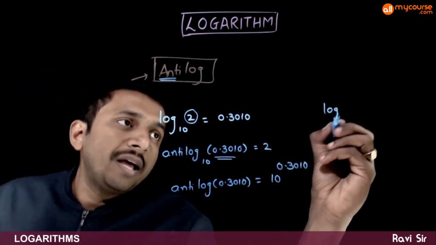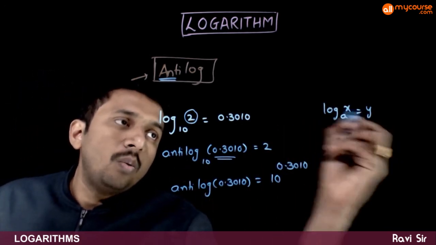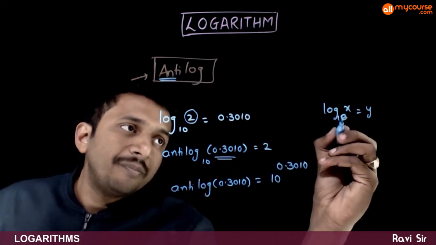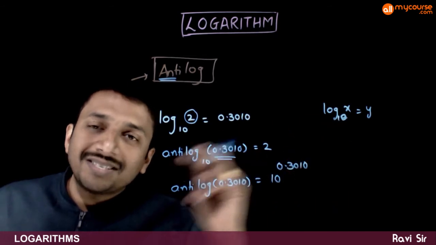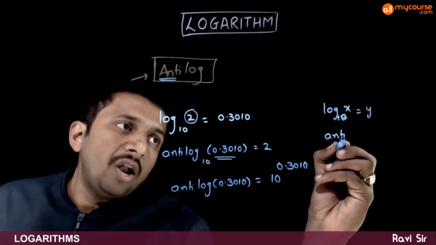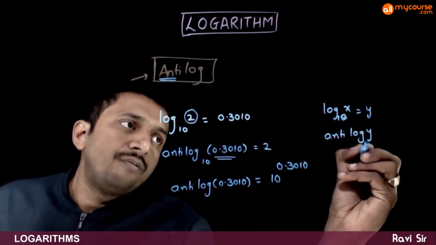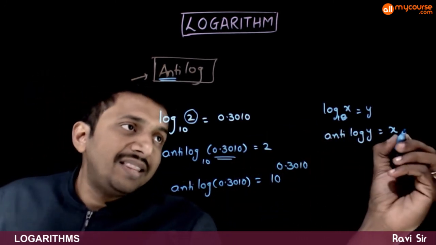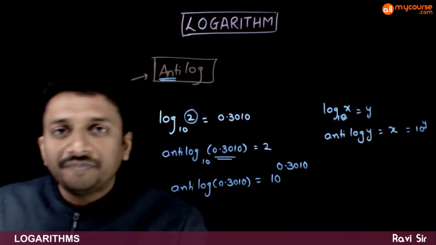So usually when you calculate anti-log, we take the base as 10. So if log x to the base 10 is y, anti-log of y is equal to x. And anti-log of y is nothing but 10 power y.